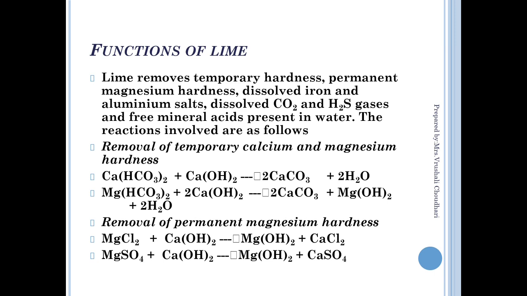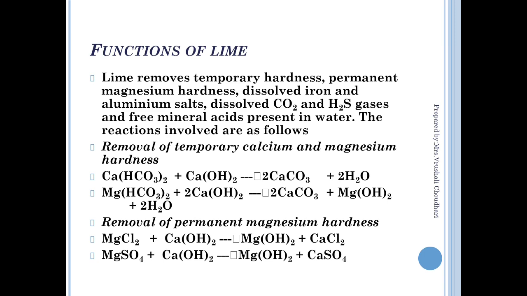What is the function of lime? Lime removes temporary hardness as well as permanent magnesium hardness, dissolved iron and aluminum salts, dissolved carbon dioxide, H2S gas, and the mineral acids present in the water.